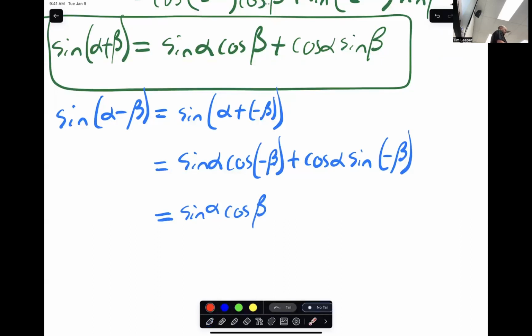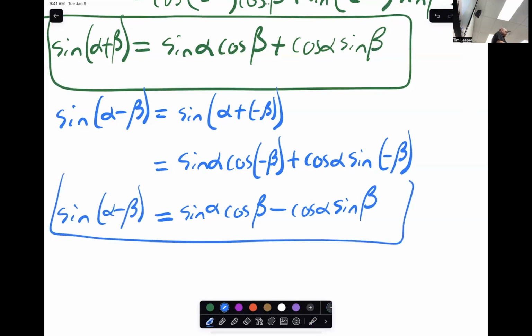Good. Now over here, let's deal with the negative beta. That's with sine. Is sine even or odd? Odd. So what happens to that negative? It goes to the outside here, making that negative, minus. So minus cosine alpha sine beta. And that is sine of alpha minus beta.